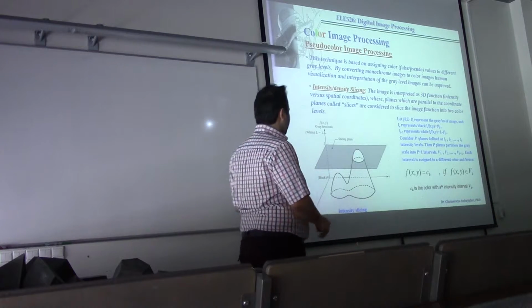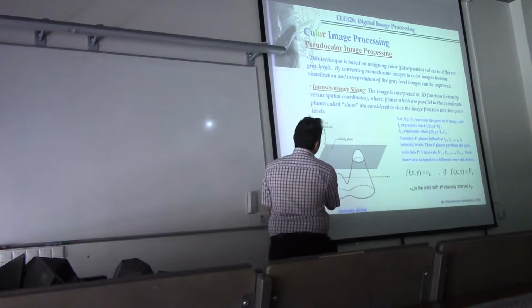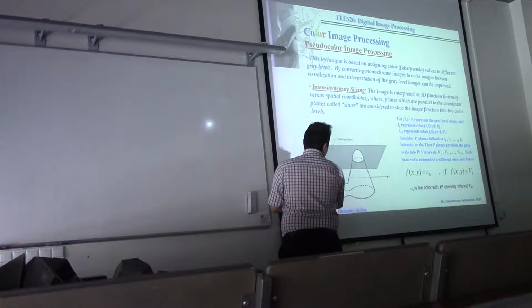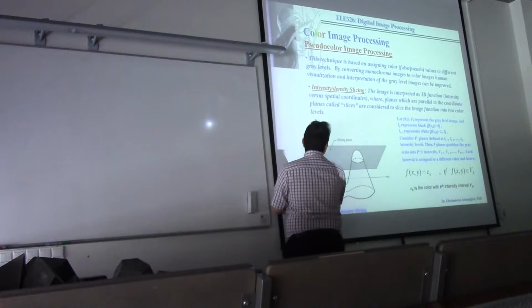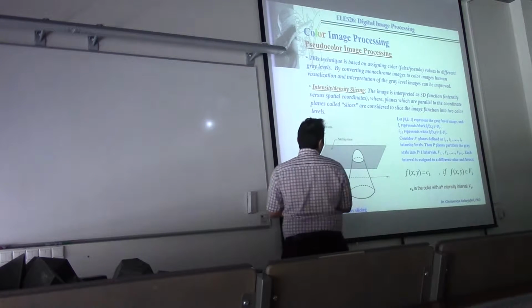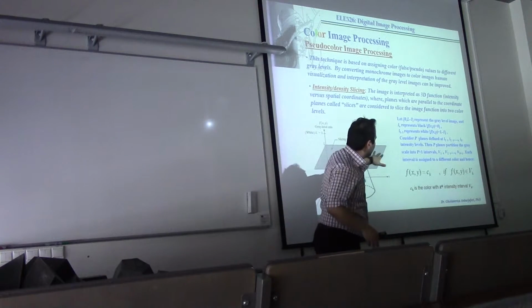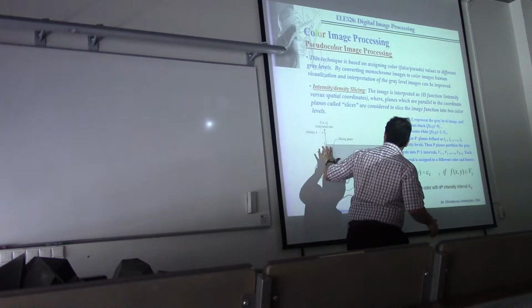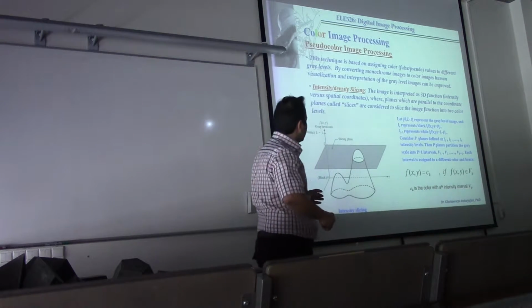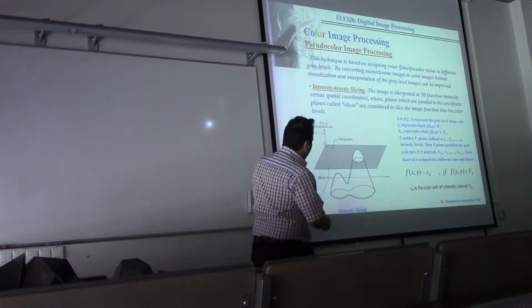If we consider this axis as the gray level axis, starting from black, equal to 0, up to L minus 1, we call it a slicing plane, in this shape we can use it as a P.